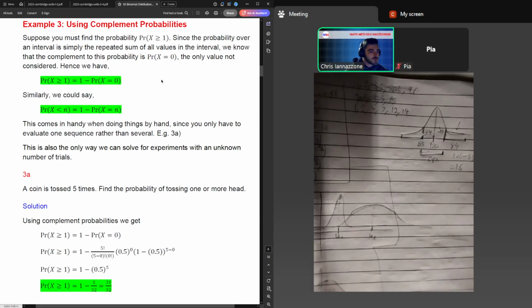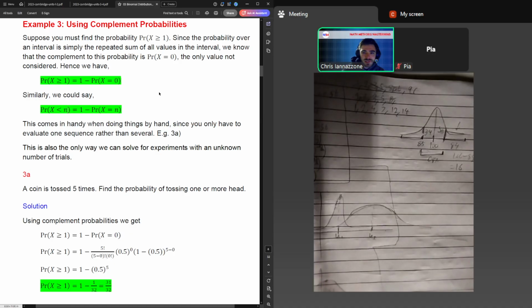You just flip it. Part of the reason is because it's easier. Part of the reason is because sometimes it's the only way you can do it. If n is just some generic value, we don't know how big n could be, you literally don't know where to stop your Bernoulli sequence.